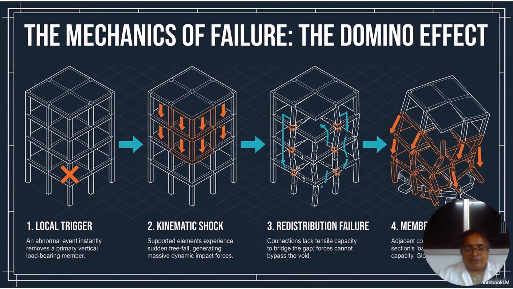The next step is redistribution failure, when the load distribution is not proper. The connections lack tensile capacity to bridge the gap, and the forces cannot bypass the void. The member has insufficient capacity to withstand the load, and in such a case the adjacent column will fail, and the entire section will fail.